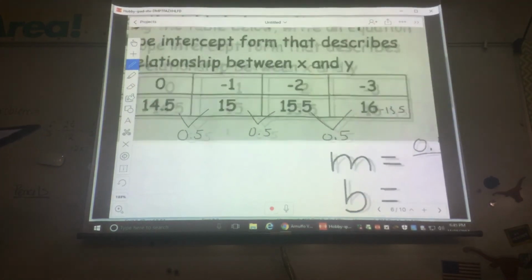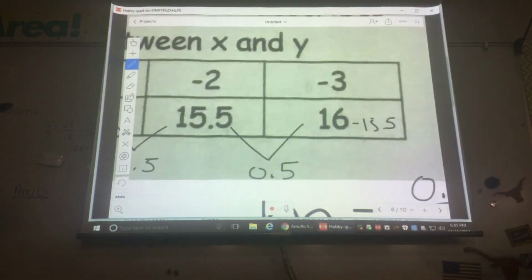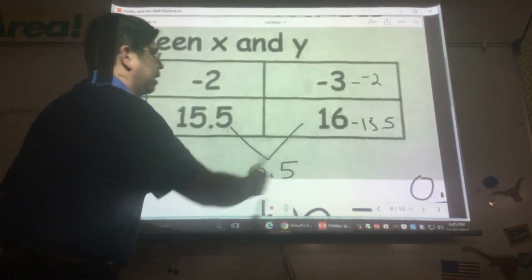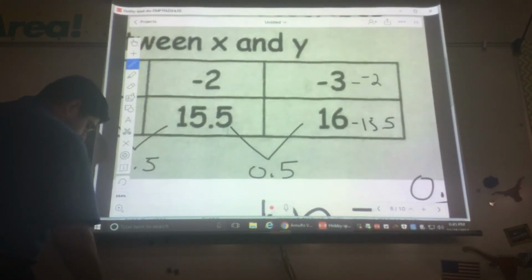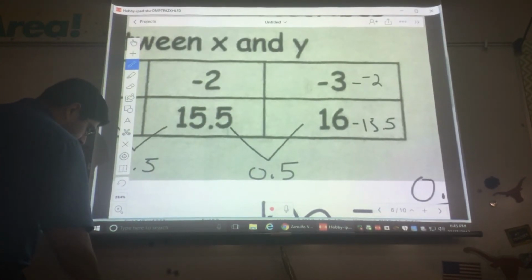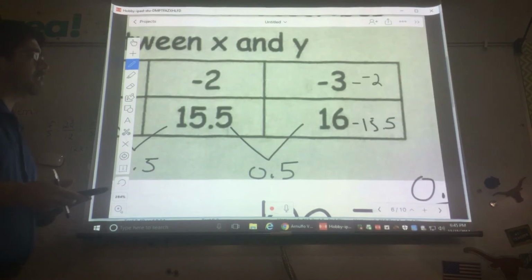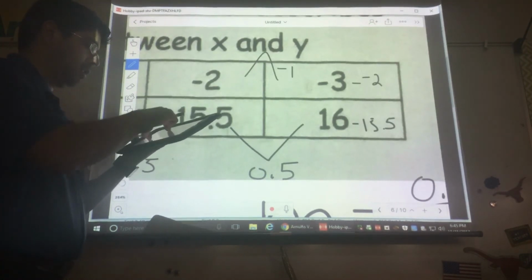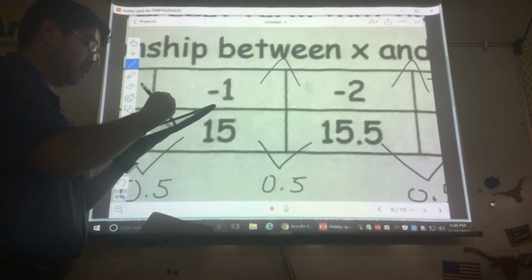Now I'm going up here to my x's. I'm going to find out -3 minus -2. Okay, so this is why I tell you it's important to write it this way. Most people are going to see this and be like, oh, it's 1. Okay, but if it's dealing with negatives, -3 minus -2, it's actually -1. So here, -1. Here, -1.